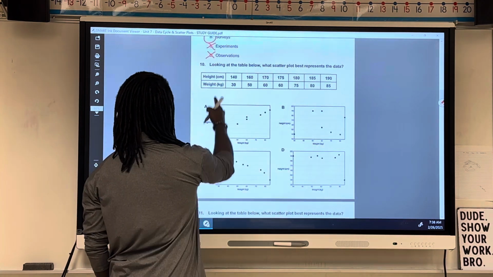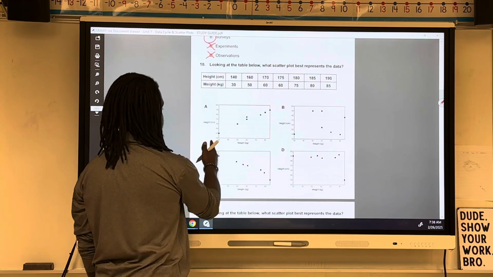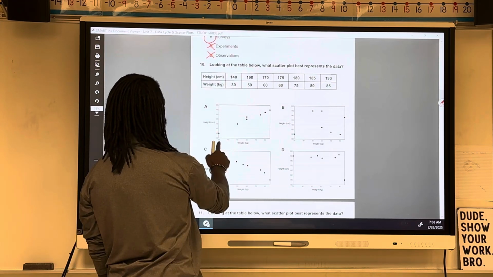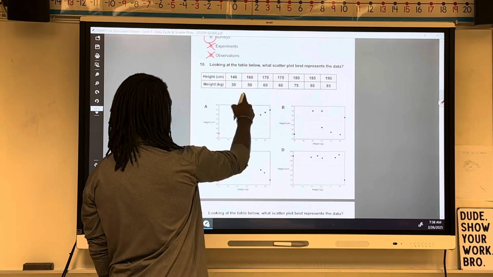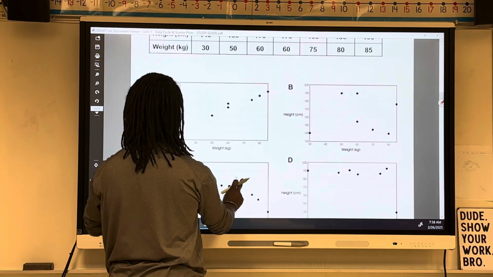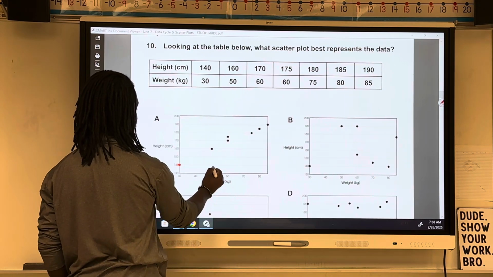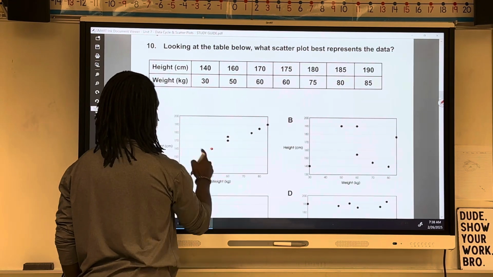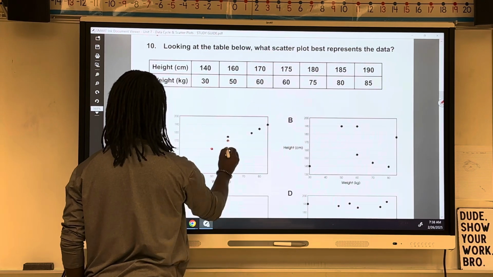All right, so we got height along the y-axis, we got weight along the x-axis. So we're going 130 and then 140. So we got a point right there. Then we got 50. I'm just graphing number one, letter A. 50 and then 160. Over 50, up 160, okay? 60 and 170, okay? 60 and 175.